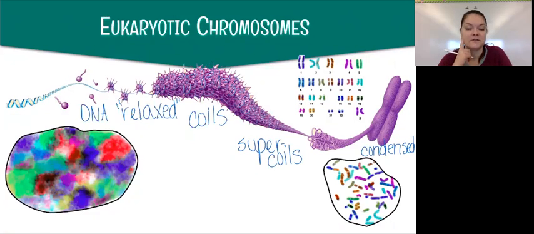This part gets confusing. The term chromosome can mean a lot of different things and a lot of different forms. So when we say chromosome, what it really means is DNA and the associated proteins that come with it. So one big honking piece of DNA and all of those proteins. And so it can exist in a really loosey-goosey form.